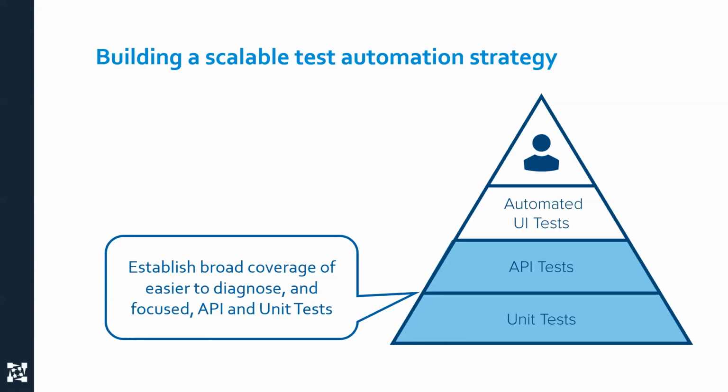Unit tests should be small, isolated, and execute quickly. API tests give us a great way of starting to validate integration of my systems and starting to validate business logic and business flow across underlying units.